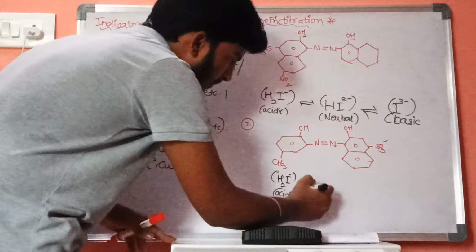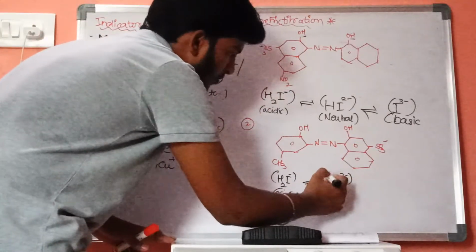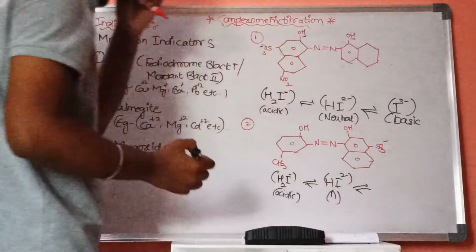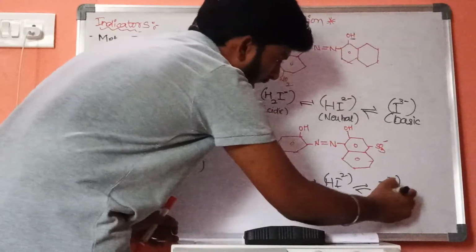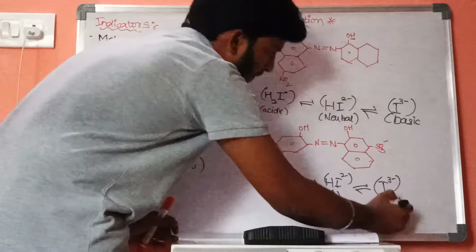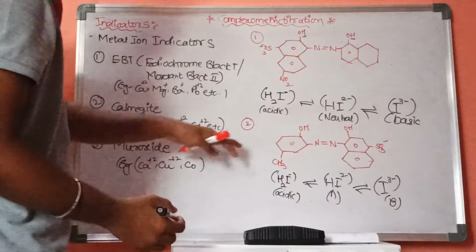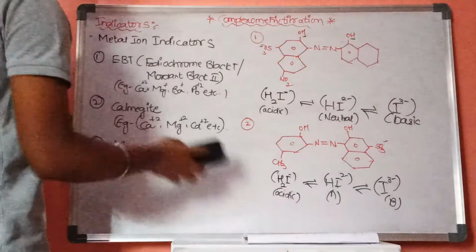When it comes to neutral medium, it gets converted into HIn2 minus, and in basic medium this HIn2 minus will get converted into In3 minus. This is about Calmagite. Now coming to the third one, Murexide.